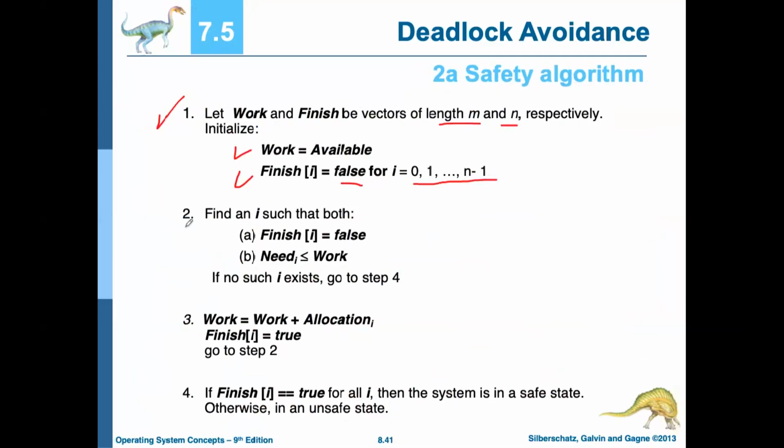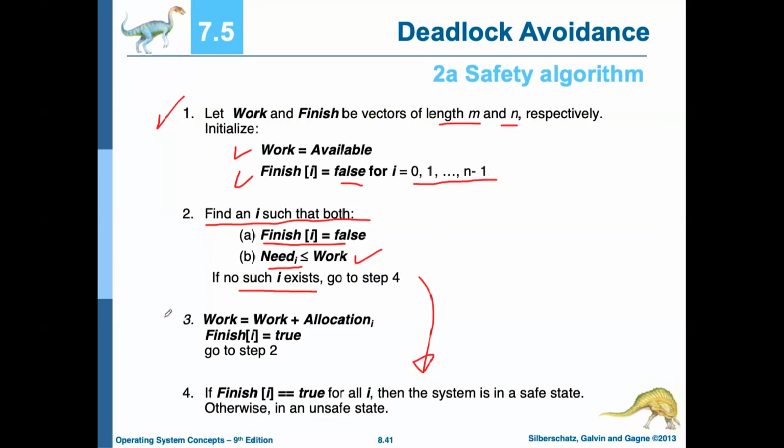Next, find an i such that both Finish[i] equals false and Need[i] is less than or equal to Work. If no such i exists, go to step 4.